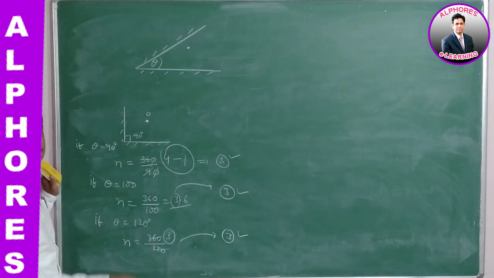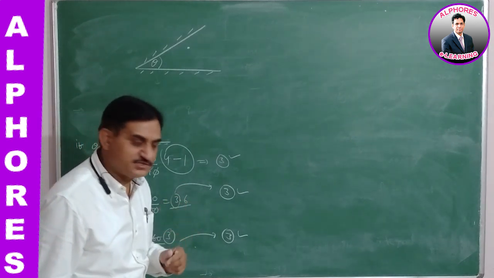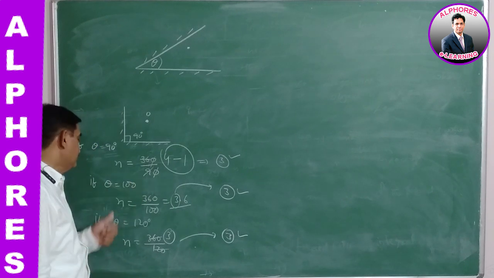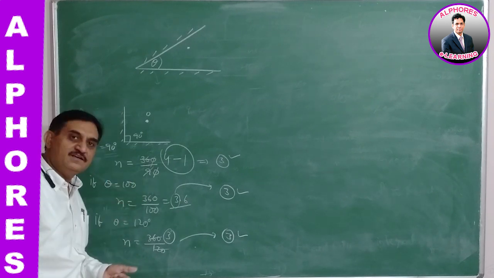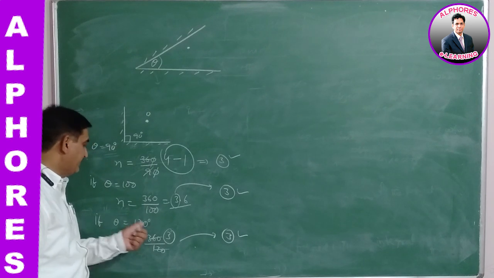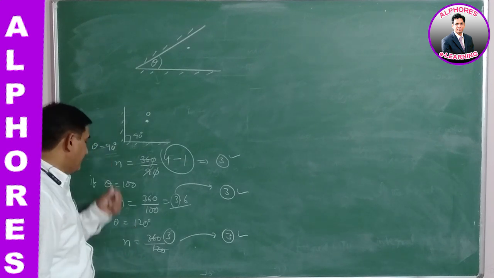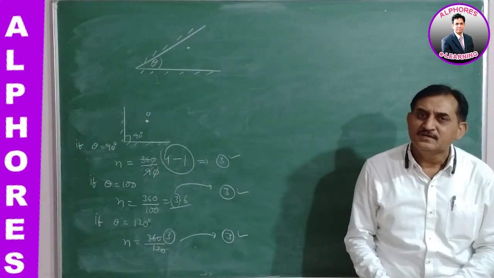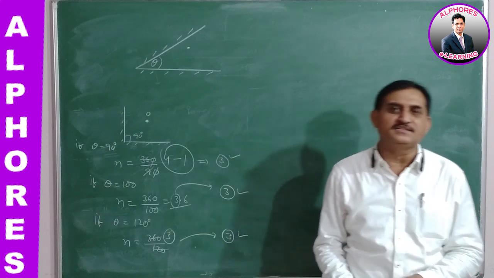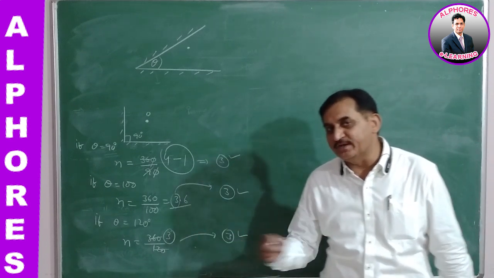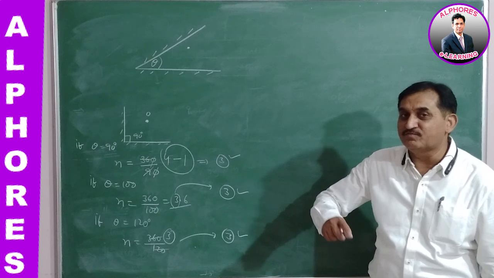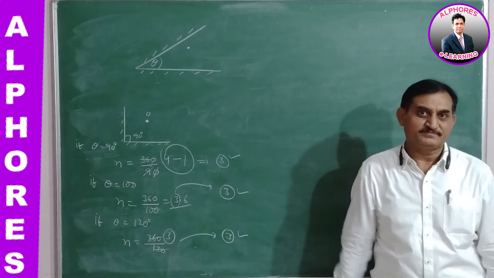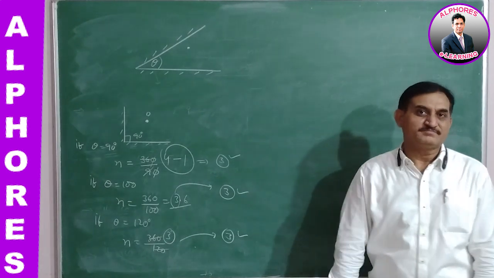Whatever angle you consider between these two plane mirrors, either 90, 92, 95, 100, 110 up to 120 degree, any angle from 90 to 120, the number of images formed by two plane mirrors will be unique. That is 3 only.